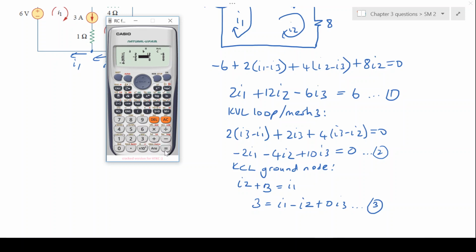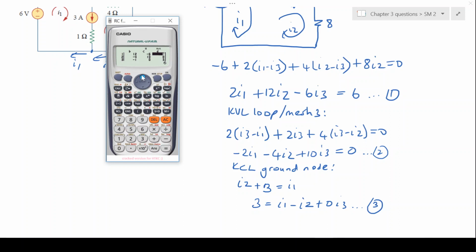And the final set of coefficients will be 1, minus 1, 0, and 3.